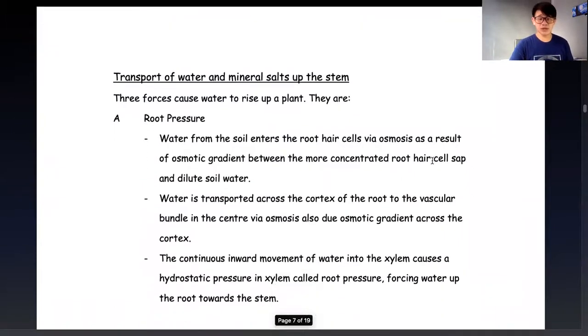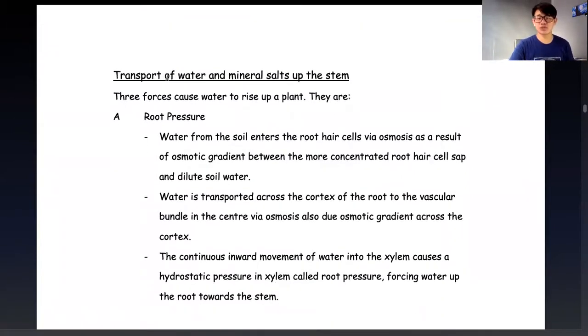Next, what we're going to look at is the transport of water and mineral salts up into the stem. So now that we know how they enter into the roots, how they enter into the xylem of the roots, we want to know how they actually go up through the stem, right? And there are actually three forces which cause water to rise up a plant.